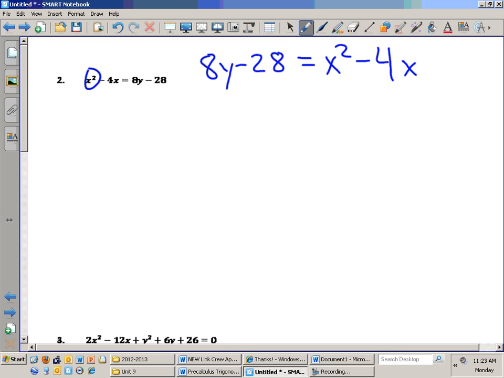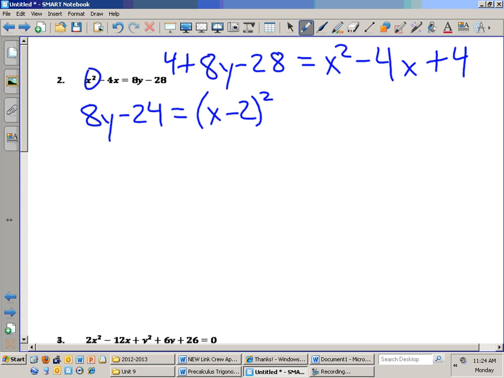So all I need to do is complete the square. I don't have to factor anything out of the x squared. What number do I add here to complete the square? Plus 4. So what do I need to do to the other side? 4. So my new equation is 8y minus 24 equals x minus 2 quantity squared. Now I need to solve for y, so what will I do?